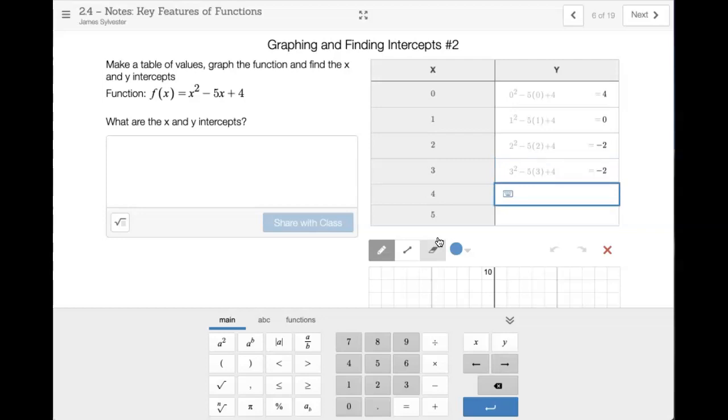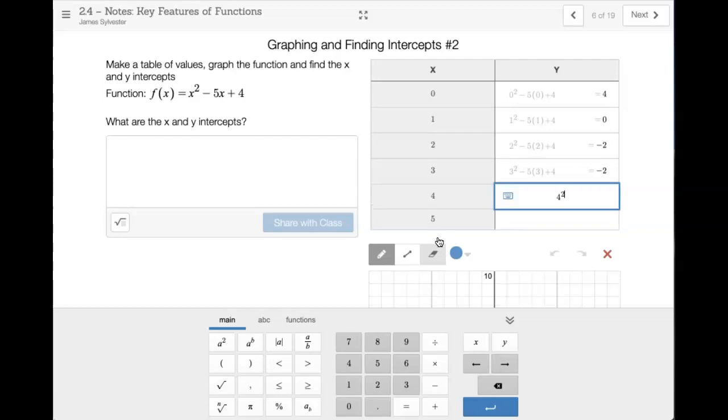Next, plug in a 4, so 4 squared minus 5 times 4. By the way, for the squared, you can either get it from here, or press shift 6, that up arrow makes the exponent. So again, you can get the exponent from the keyboard on Desmos, or you can press shift 6 on your keyboard, and the up arrow on 6 gives you the exponent. So either way, there's that one.